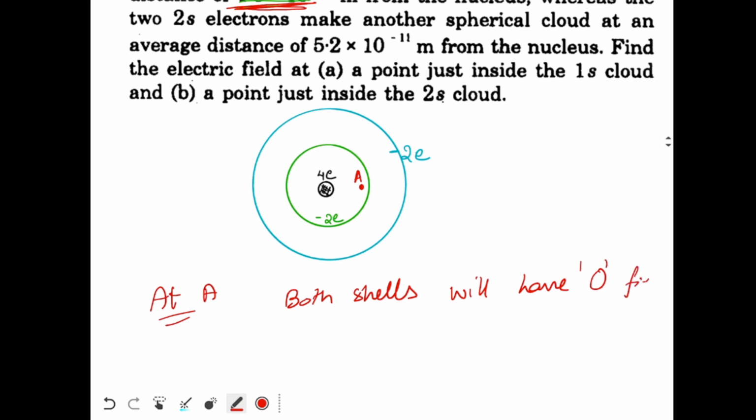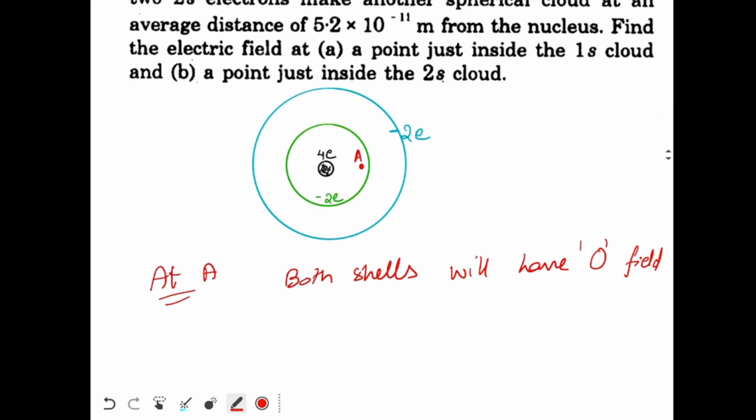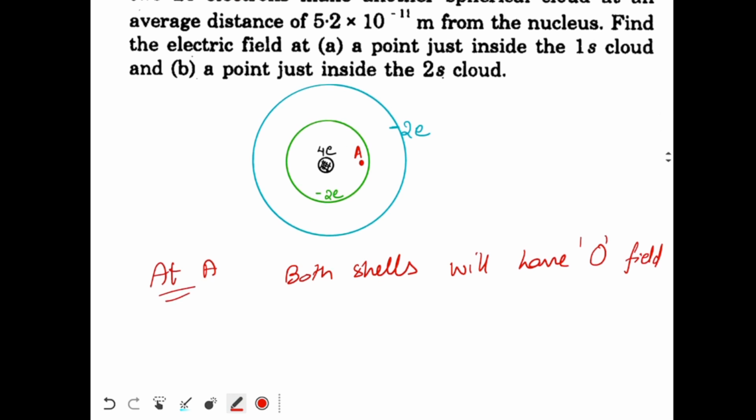Only due to the nucleus of plus 4e charge we will get the electric field. So E will be pointing outwards. This is EA, pointing outwards, and that will be equal to 4e by 4 pi epsilon naught RA square.